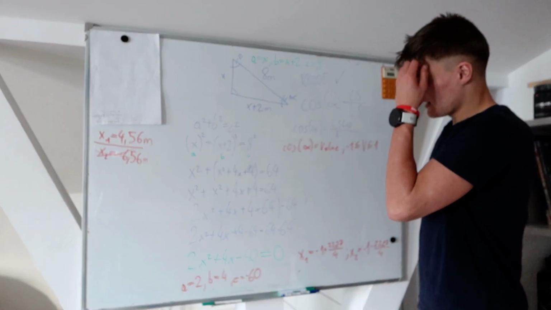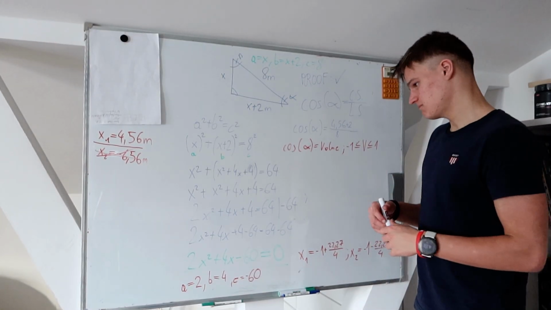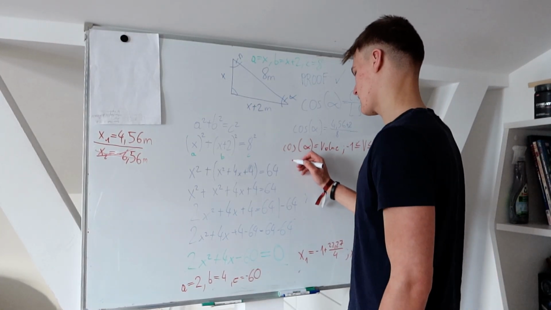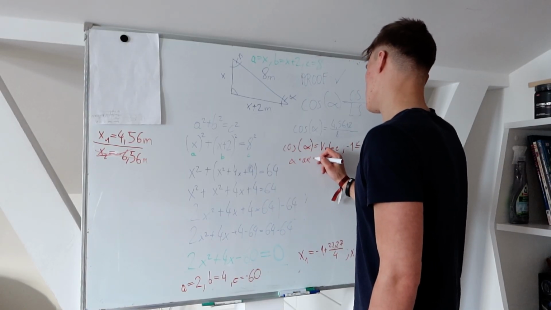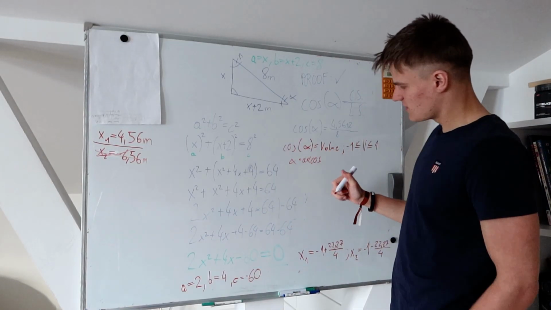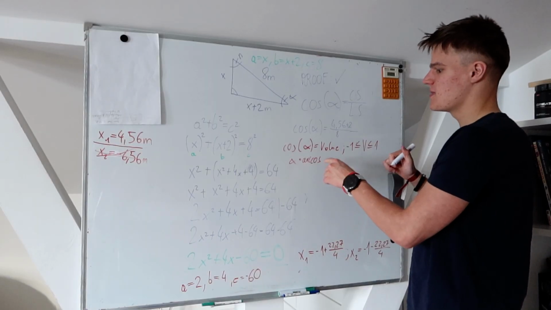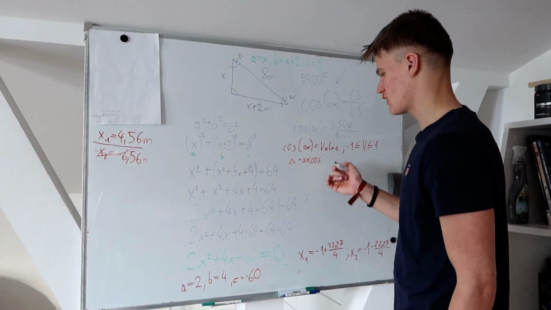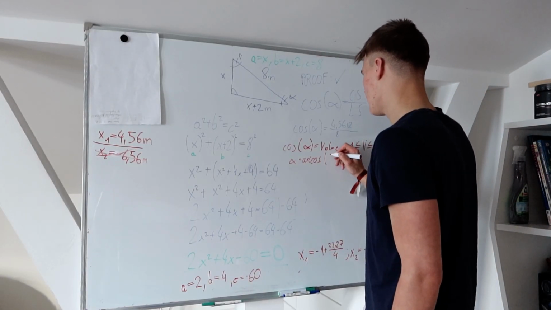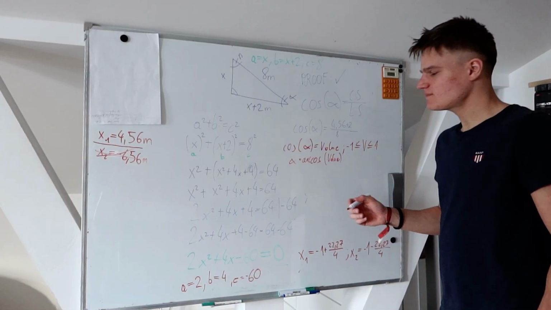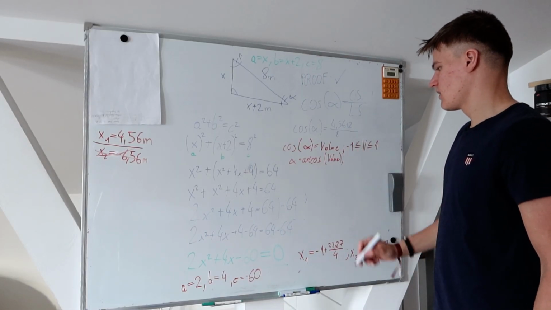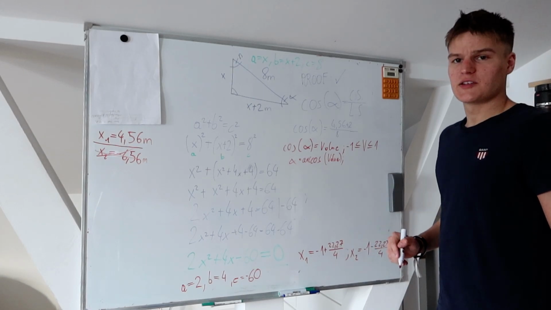Now we just do the same thing in reverse, and we say alpha, the angle, is equal to arc cosine. We write it like this. We write ARC, and then the function that we're using, so in this example cosine, of the value, right? Fairly simple, I think.